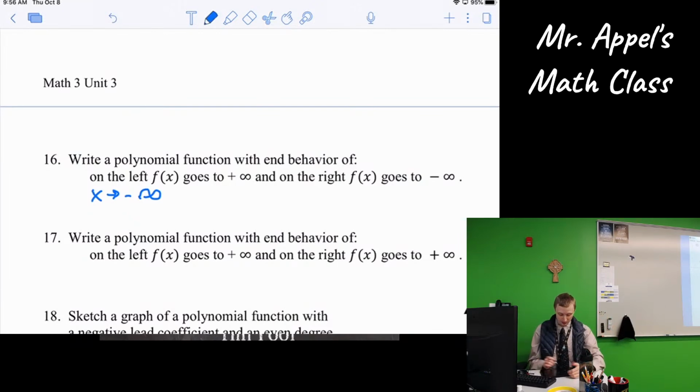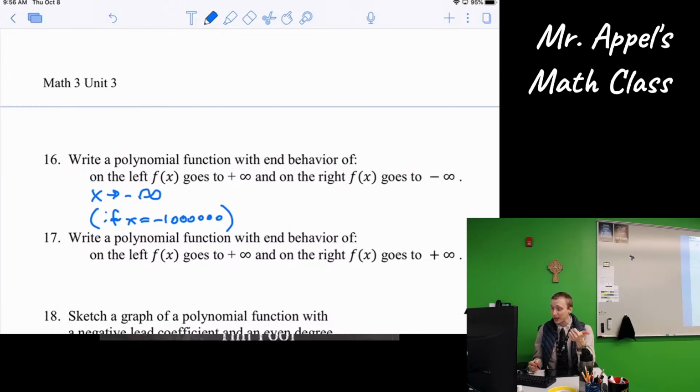Always think in terms of whenever we say as x approaches positive infinity or negative infinity, this is code for, in my head, I always replace this with what happens when x is 1,000,000. As x approaches negative infinity, think of if x equals negative 1,000,000, what's going to happen?